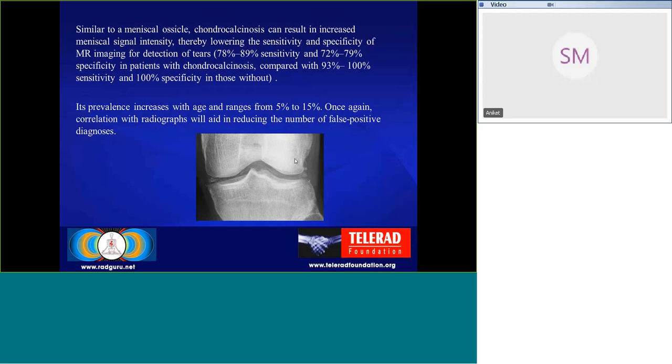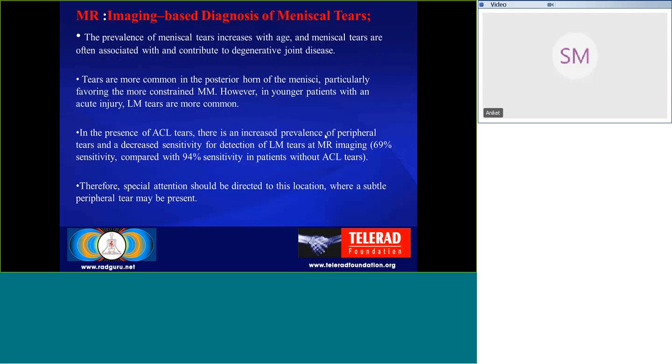It can give an apparent increase in meniscal signal, thereby lowering the sensitivity and specificity of MR detection of tears. Its prevalence increases with age from 5 to 50%. Once again, with correlation with the radiographs, we can see calcification of the menisci here, so even though it will give a false positive increase in the signal in the menisci, we can rule it out and say it's not a meniscal tear.